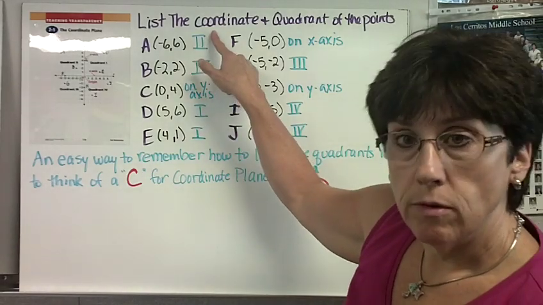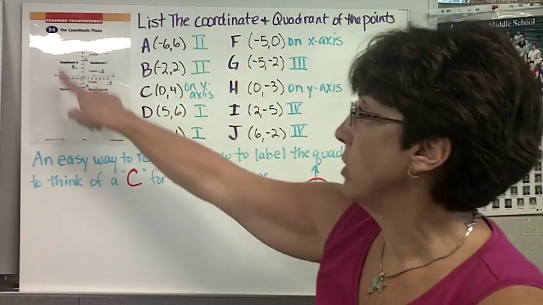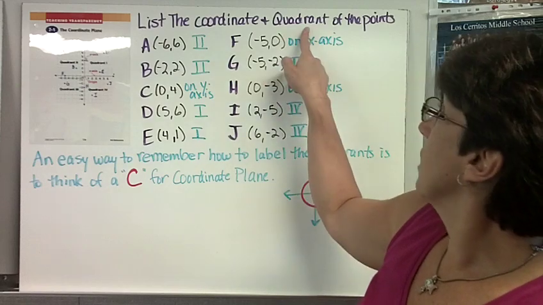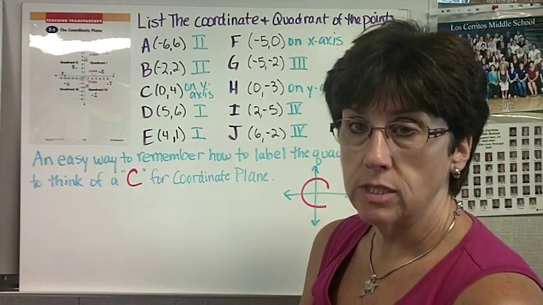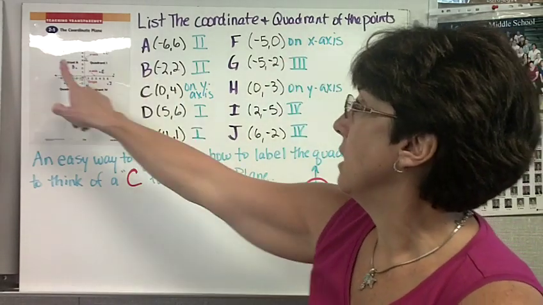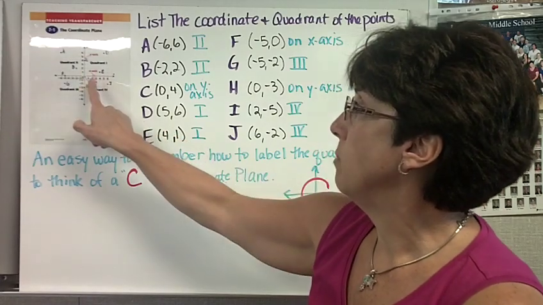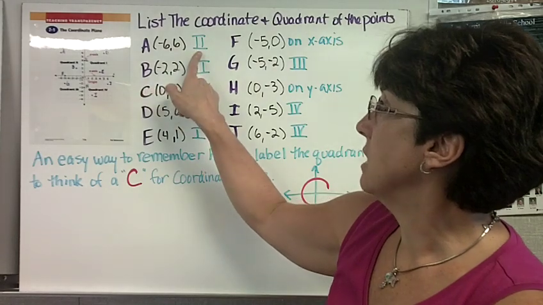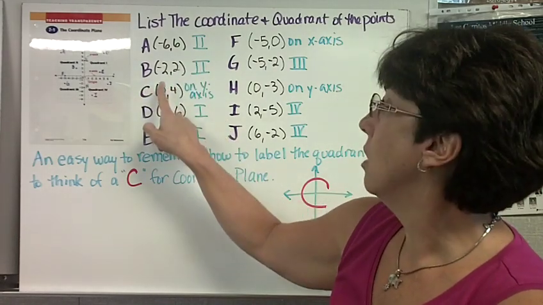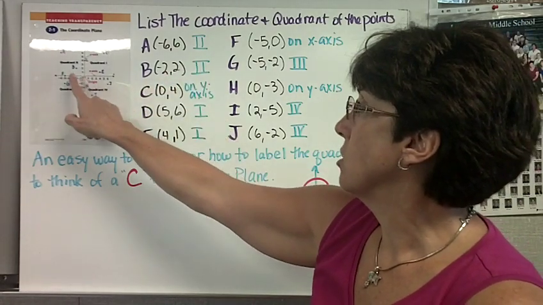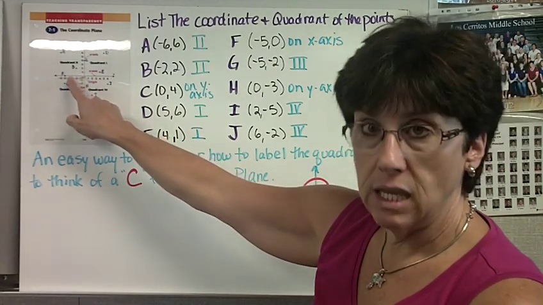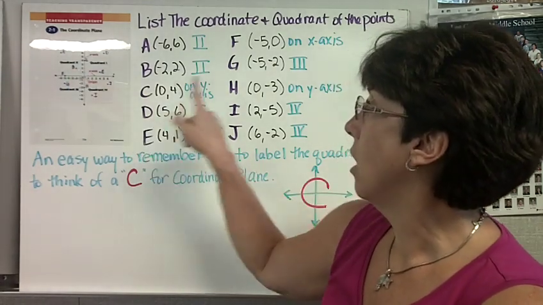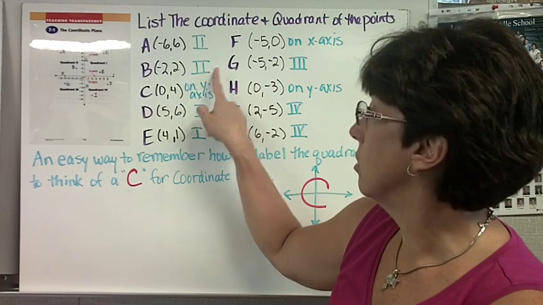We're going to list the coordinates of the points that I've written on this plane and the quadrant in which it's in. Point A is located right here. It would be at -6, 6, and it is in quadrant 2. Point B is located right here, -2, 2, also in quadrant 2.